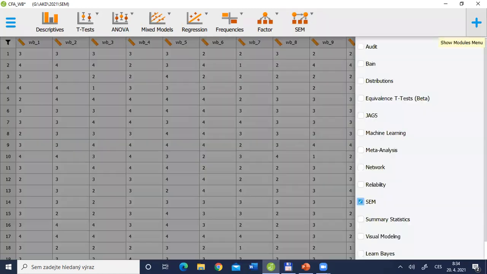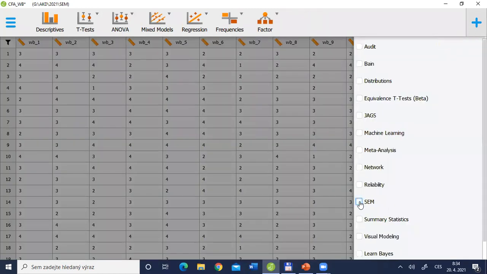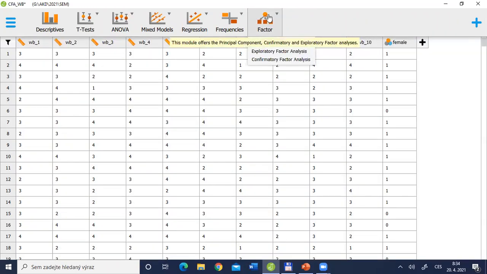So I would close it for today. We wouldn't need it. Fortunately, there is a special option for confirmatory factor analysis, which is based on clicking management.